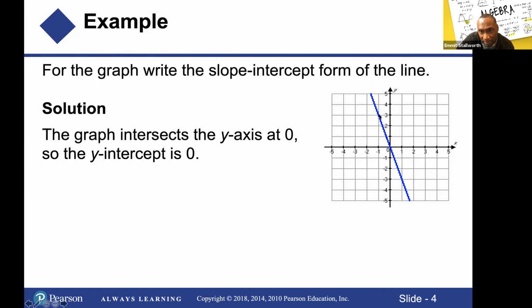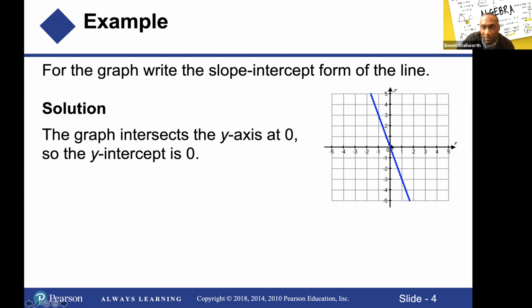So if I get right here on this point, which is (-1, 3), I fall right down to (0, 0). So from that point to (0, 0), I'm going to fall 3 units and run 1 unit.